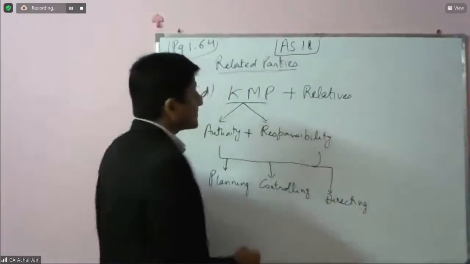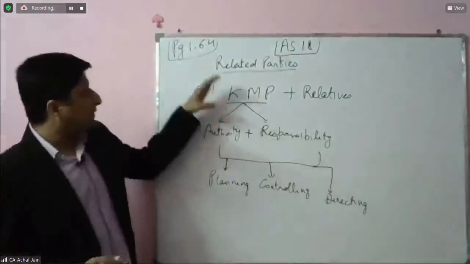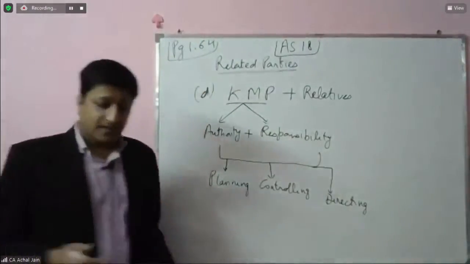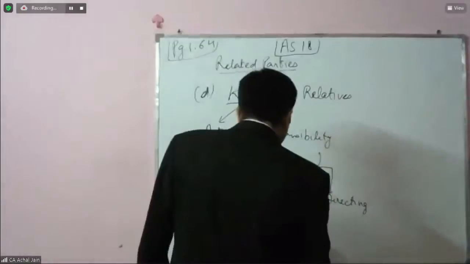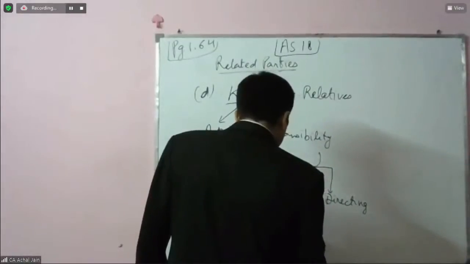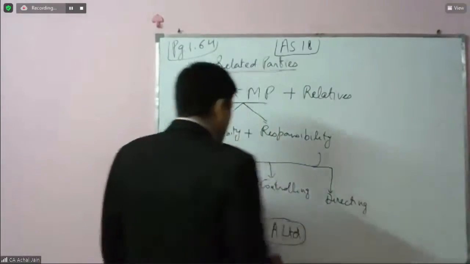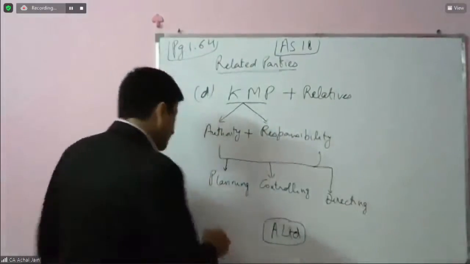Say if we are looking at the relationship between KMP and another entity, A Limited. So the activities of A Limited.